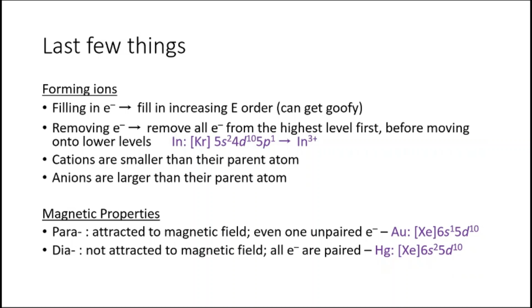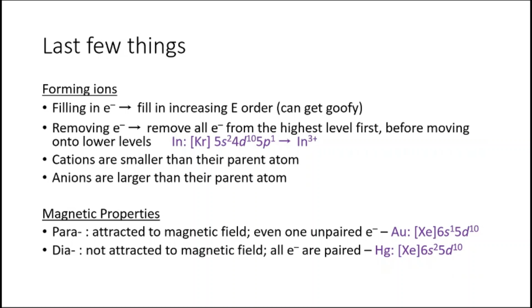And so for this, if we want to make an indium 3 plus ion, we know that we need to remove 3 electrons. And so in order to remove these 3 electrons, you do not remove them in the same order in which you filled them up. You remove them by the highest energy level first, then you move in. And so for this one, the highest energy level is going to be my n equals 5.